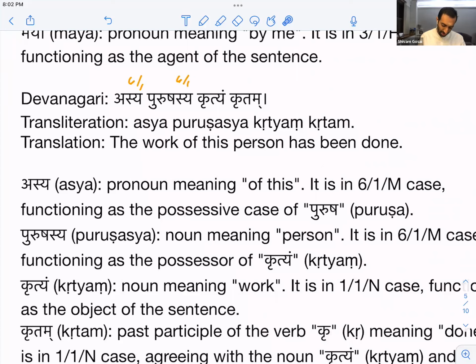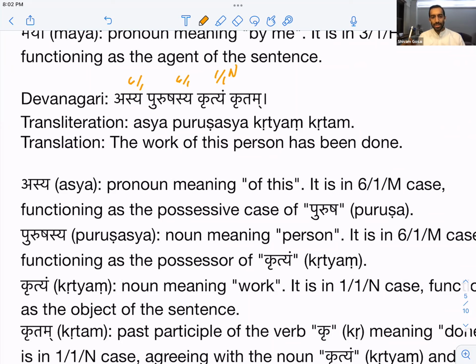What of this person? Krityam. We said 1-1, we're going to try 1-1. Napumsaka. So this is Kritya, Akaranta Napumsaka Linga Prathama Vibhakti Ekavachanam.